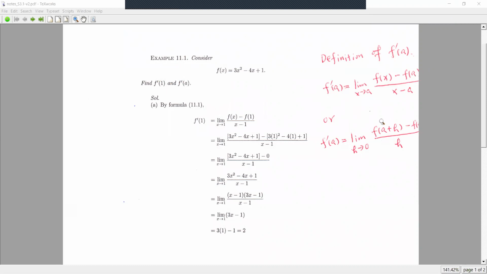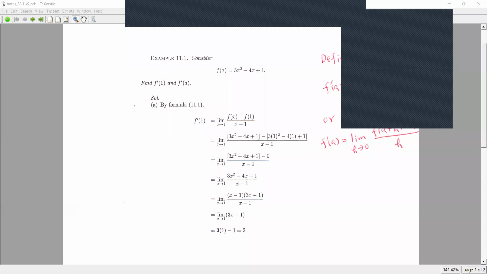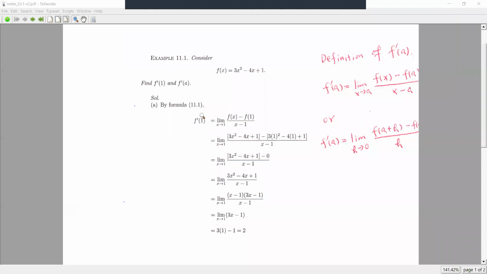Then use this formula to compute the derivative at a. By formula, the derivative at 1 is this limit. Plug in this polynomial in the function f and compute the function value at 1. Then we have this equation. The function value at 1 is 0.